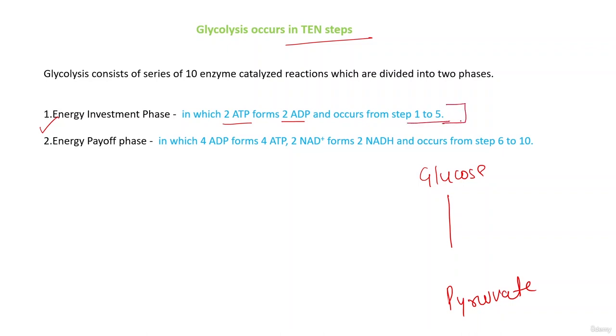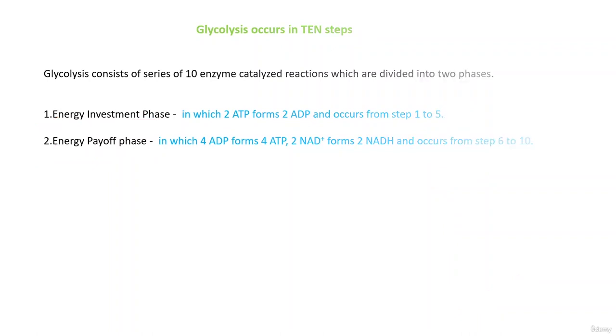If you are not getting this point, we will be discussing it in detail. You just have to remember that this whole process has been divided into the energy investment phase and the energy payoff phase. We will be discussing these in further detail.